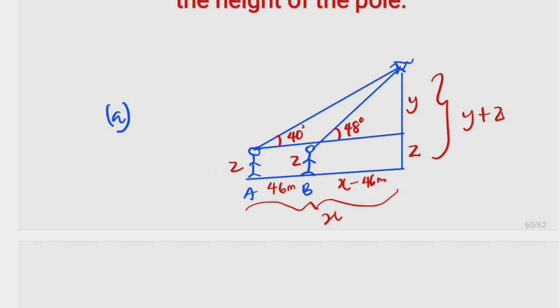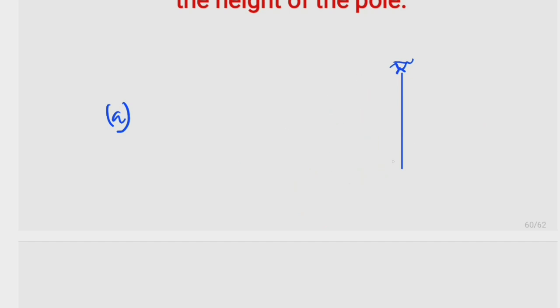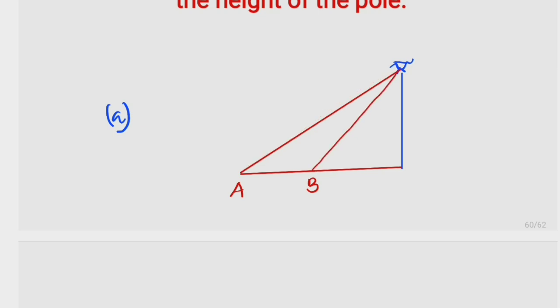Just neglect it. So let's construct it again. So this is the horizontal ground. Abu is situated somewhere here and Babu is situated somewhere here. So these will be the angles. Something like this. So this will be 40 degrees, while this will be 48 degrees according to the question.